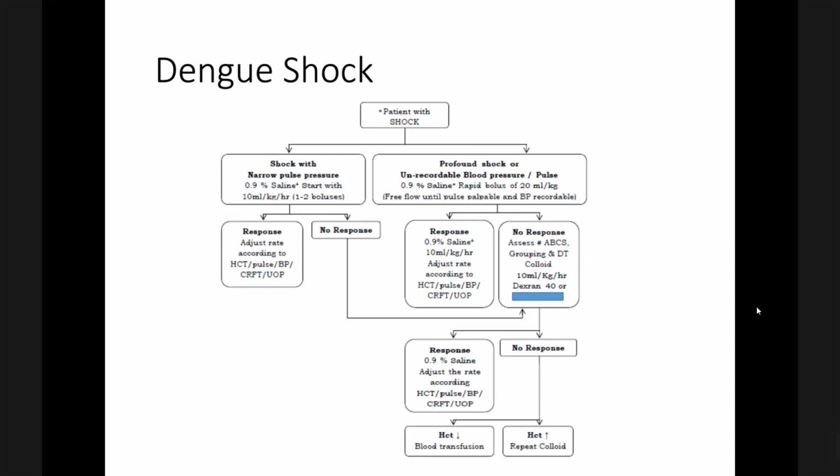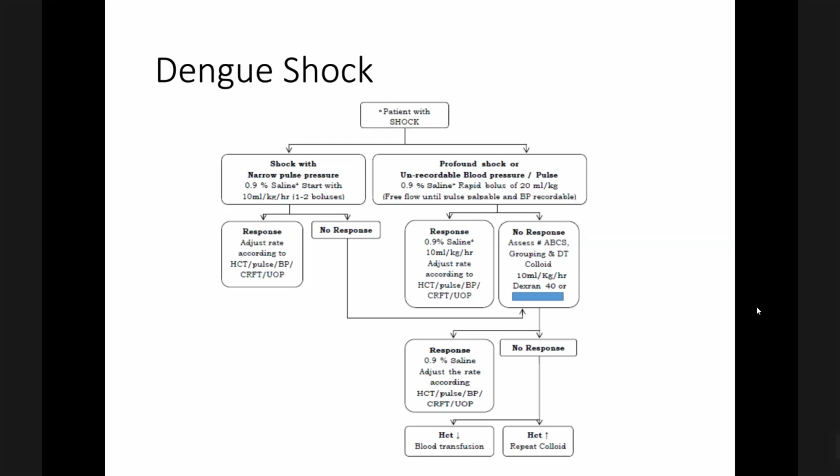So most of the time, your scenario will be a case where the patient comes with profound shock or grade 4 shock, right? Now let's have a look at the 2 arms. This left arm is compensated shock, where the patient is tachycardic, capillary fill time may be prolonged. However, the blood pressure is still recordable, but the pulse pressure is narrow.